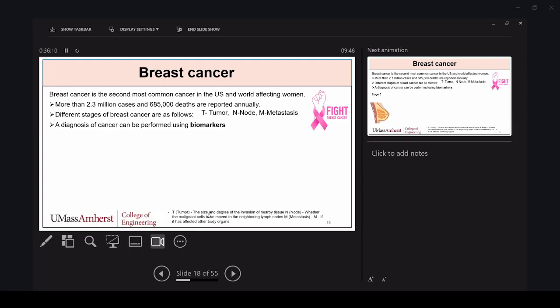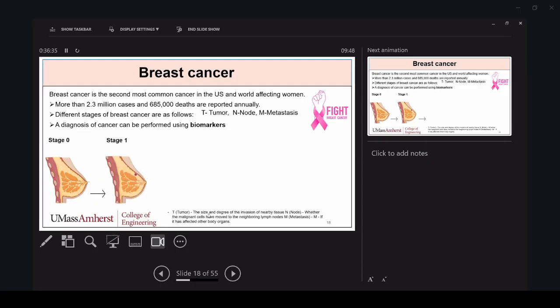Breast cancer is the second most common cancer in the US, especially affecting women, and more than 2.3 million cases and 685,000 deaths are reported annually. The stages of breast cancer are as follows. Stage 0: aberrant cells are present, but they are not ready to spread.